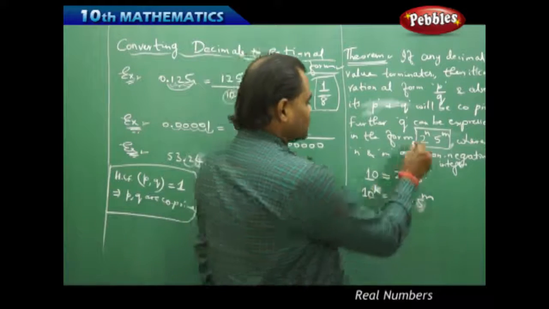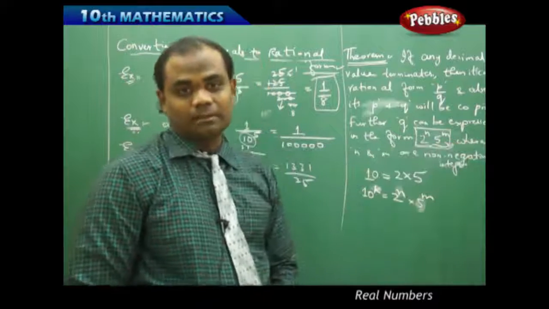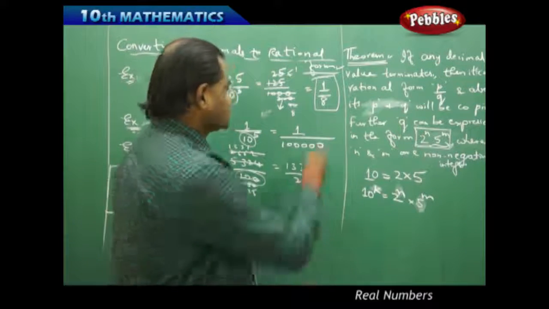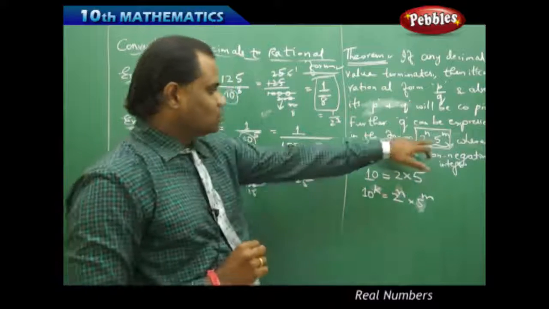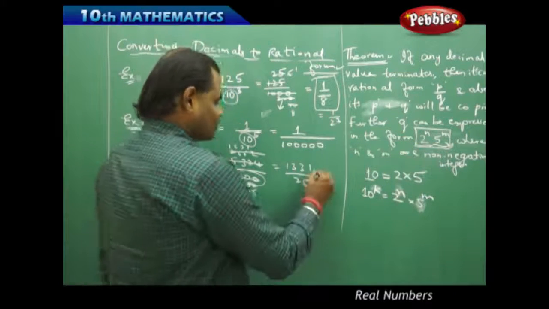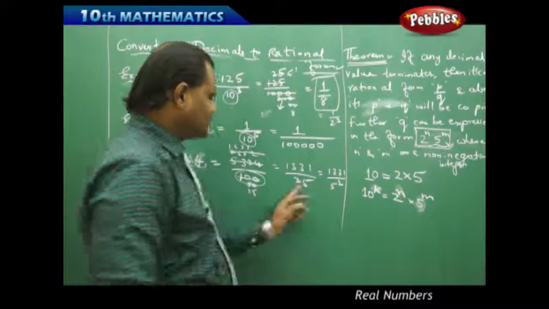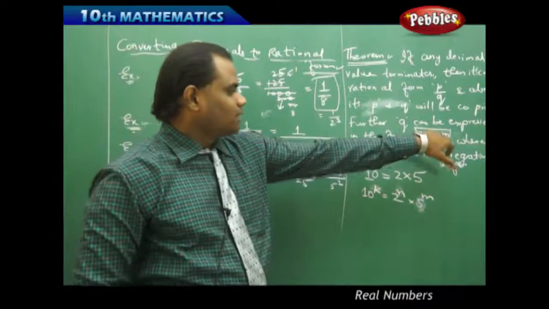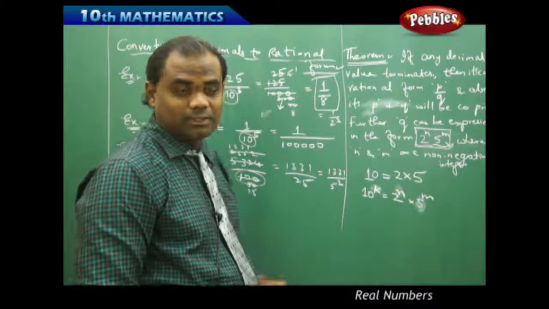So that's the reason I get here Q always being in the form 2 power n and 5 power m, the product of factors. As I can see here, 1 by 8 can be written as 1 by 2 power 3. So here n is 3, m is 0 in case of this. This can be written as 1331 by 25. I can write it as 5 square, which is 5 power m. M is 2 and n is 0 because there's no 2 power term.